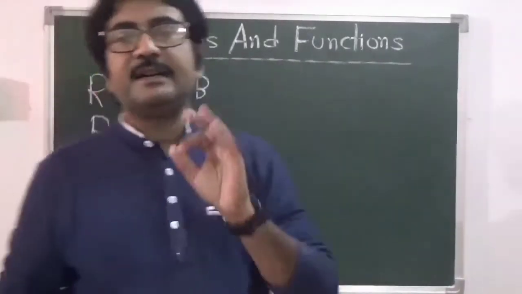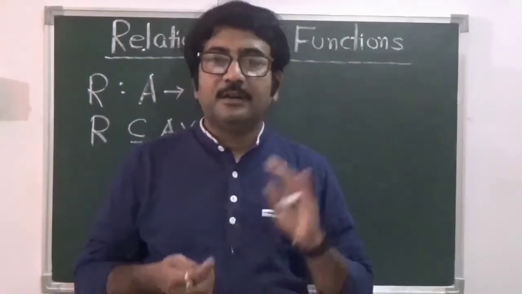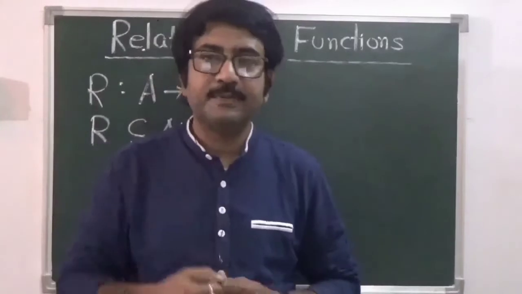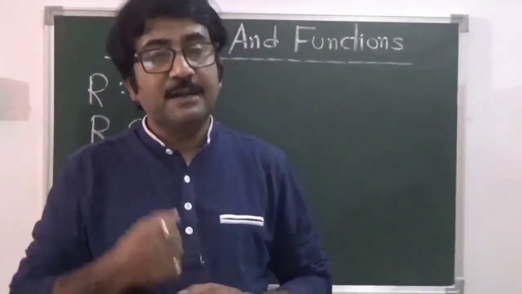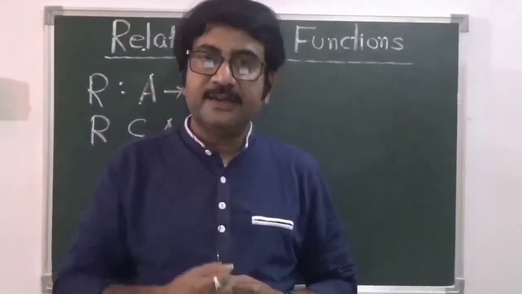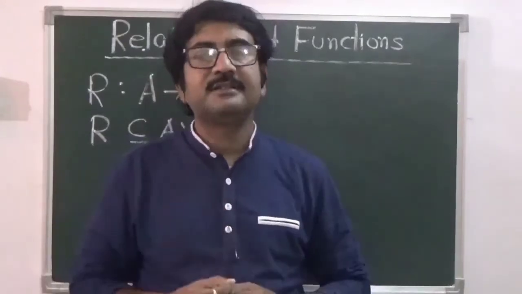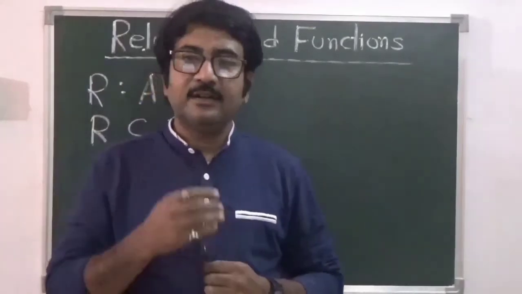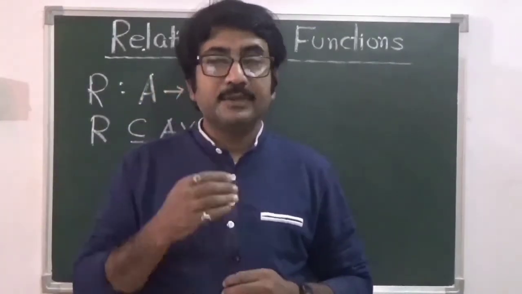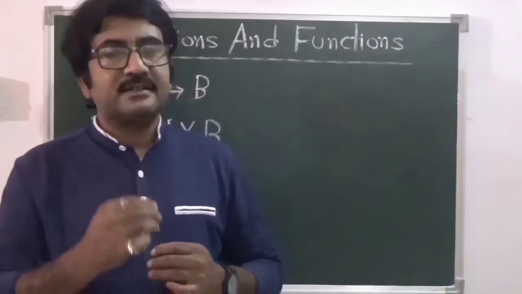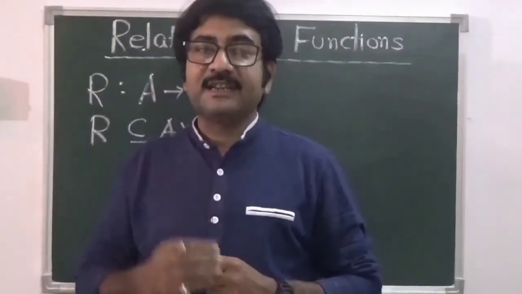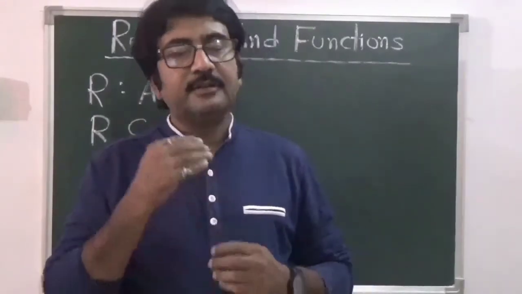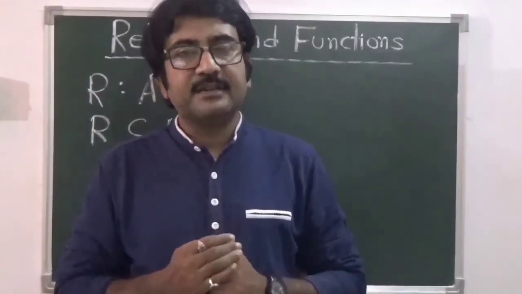Now suppose I take the same example of set A and set B, where set A has the elements 1, 2, 3 and set B has the elements a, b, c, d. But this time we define it such that my relation takes all ordered pairs beginning with an odd number. That means we are not interested in the entire combinations that we get, but only as per the above definition, that is, all the ordered pairs beginning with an odd number.